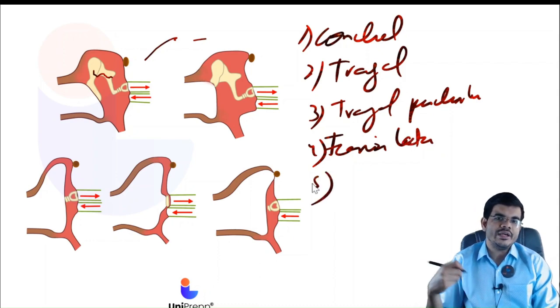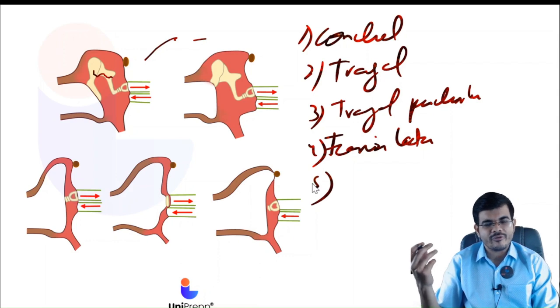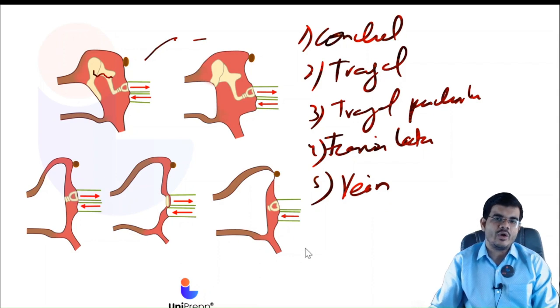Even dura is used. It is not an autograft, it will be preserved dura that may be used, and vein graft may be used. Saphenous vein is the common vein used. So these are the various types of graft used for repairing the perforation.